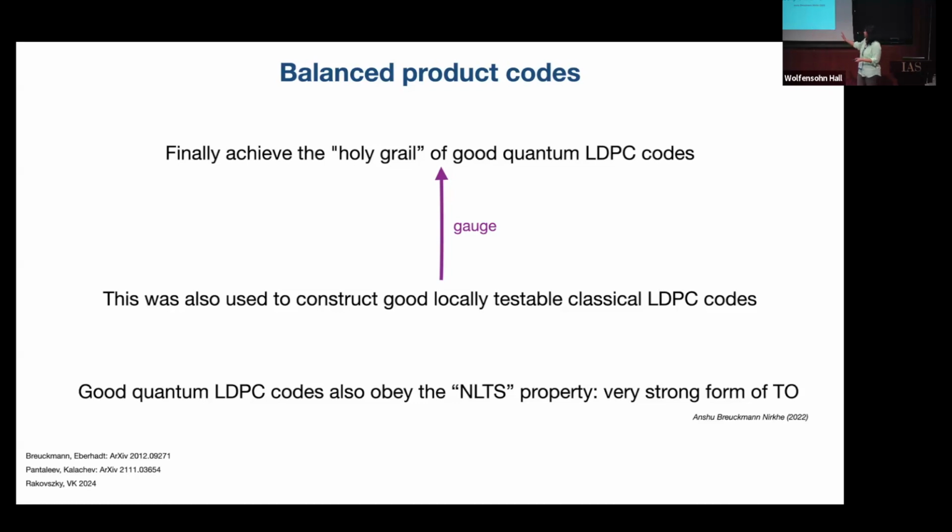Okay? In these expander codes, precisely because the bulk and boundary scale proportionally to each other, this type of construction is not possible. So you end up getting this very robust type of property.